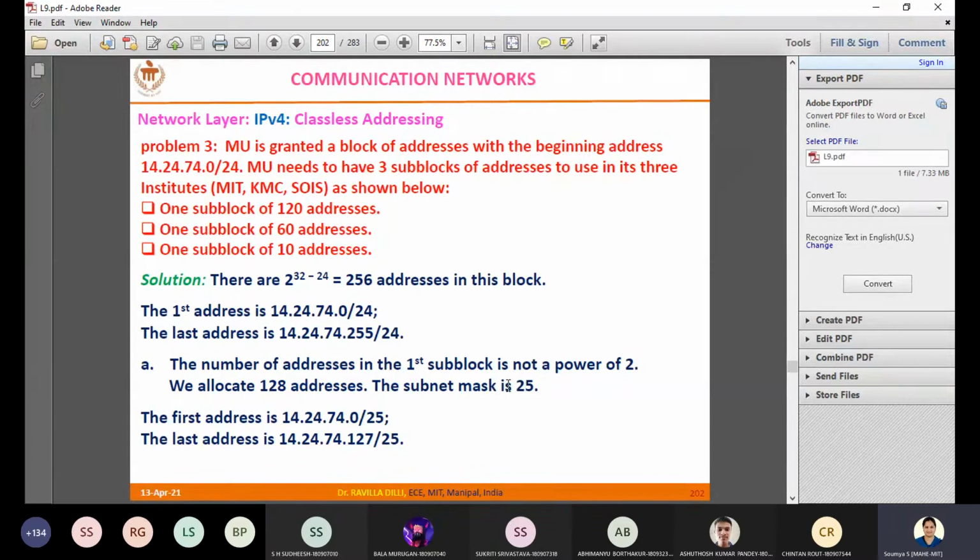It will be 2 to the power 32 minus 25, that is 7. So the last 7 bits you are going to make 0, and that gives you the first address. And if you make the last 7 bits equal to 1s, you're going to get 0 followed by 7 ones, which is nothing but 127.